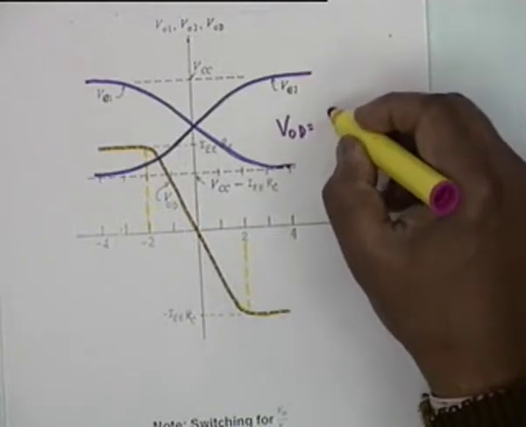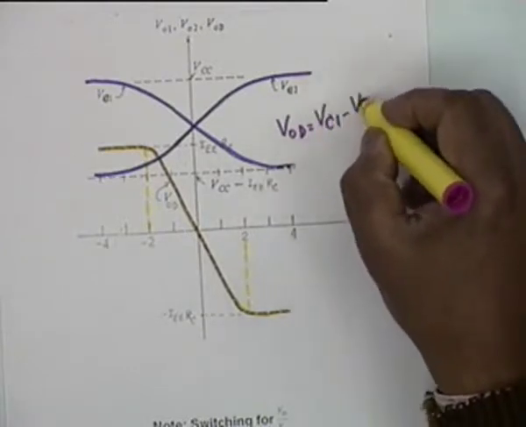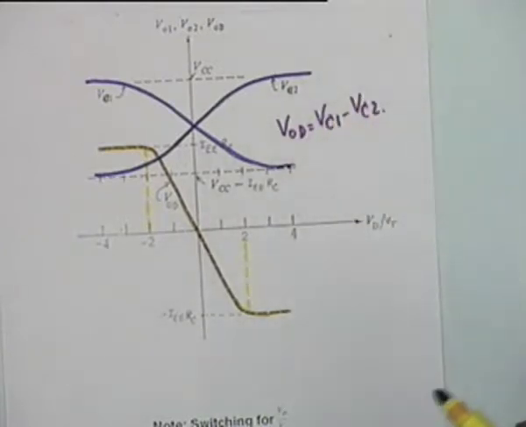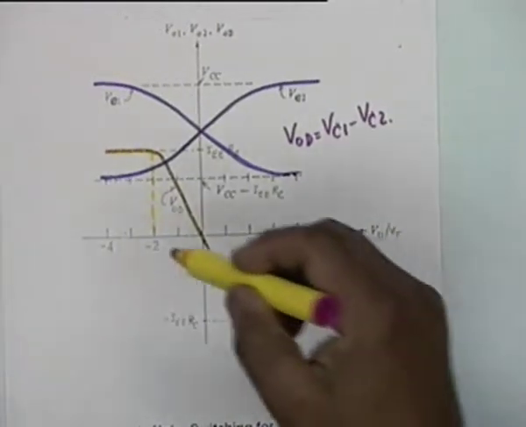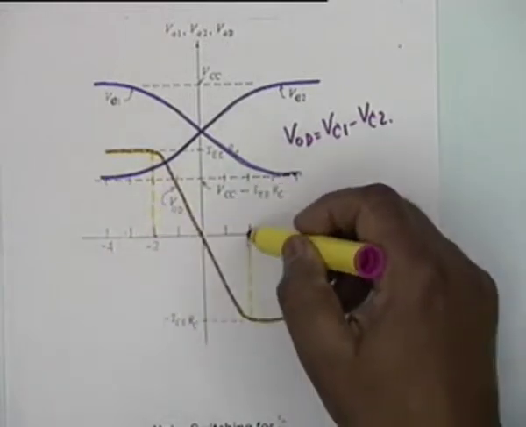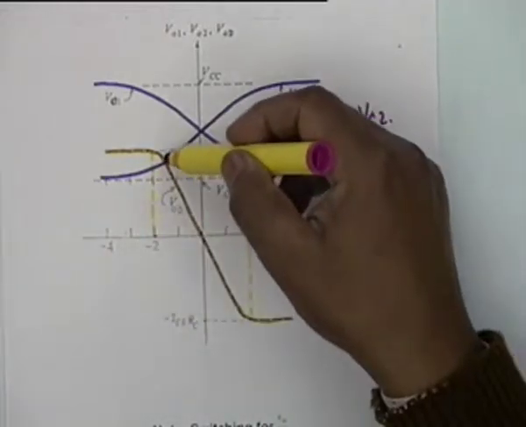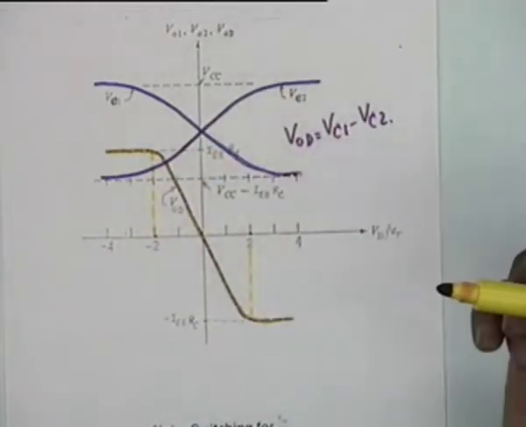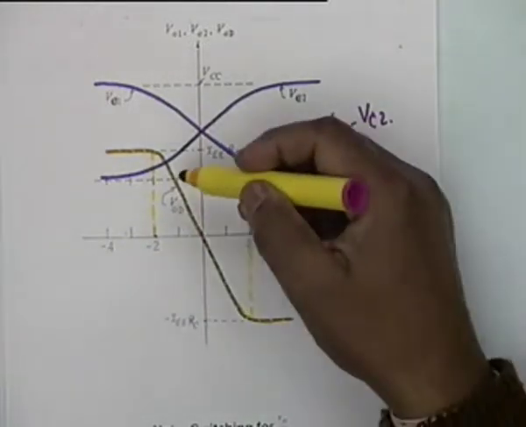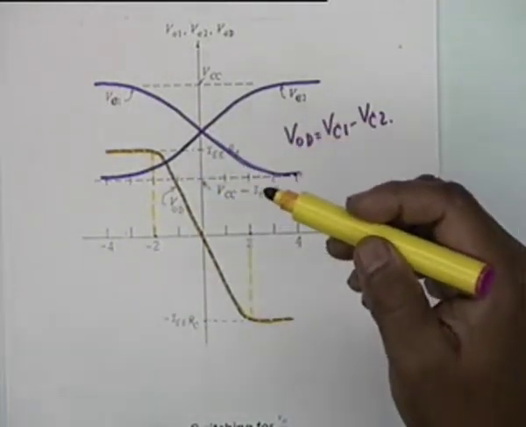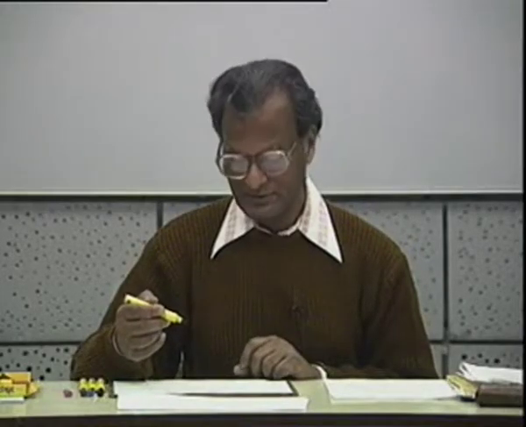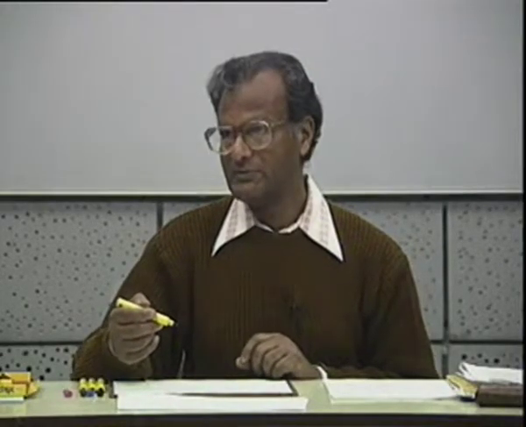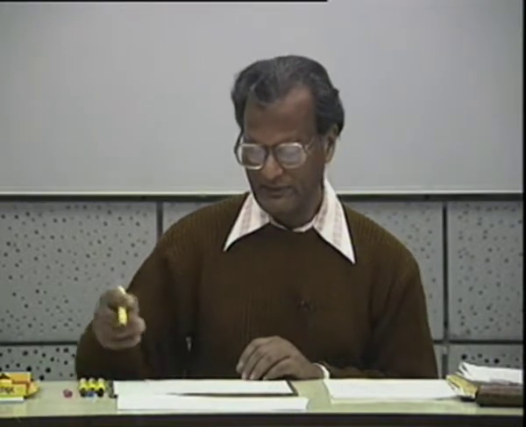VOD is equal to VC1 minus VC2, and we showed that when the range of VD by VT is between -2 and +2, the variation is approximately linear, and this is the range of interest to us in the analog electronics course, because we want linear amplification.